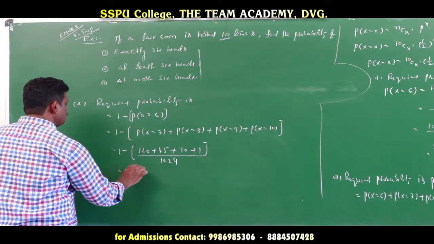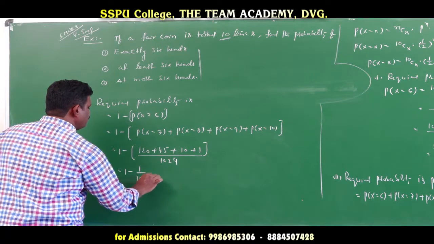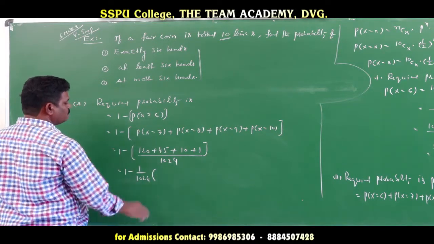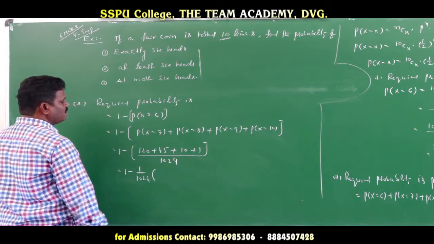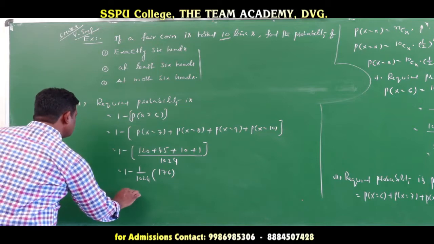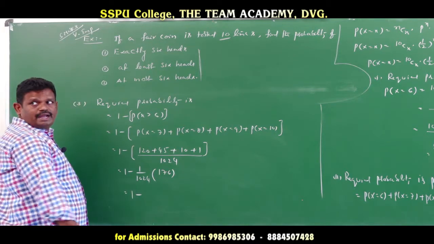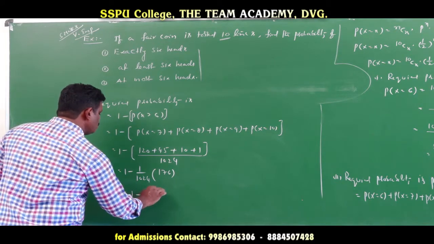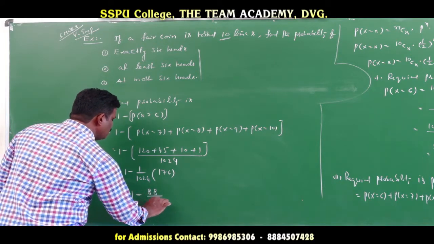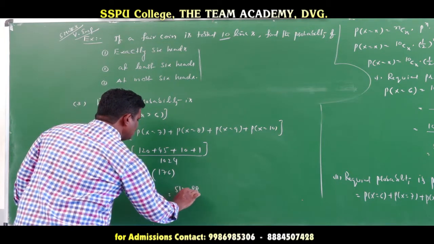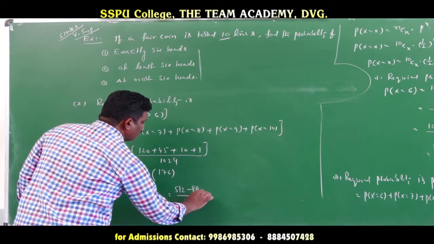So that's why 1 minus 1024 into this value: 165 plus 175, 176, this value 176, and 2 table cancellation means 1 minus, so 2 8s are 16, again 2 8s are 16, this value 512. Now if you take LCM here, 512 minus 88 by 512.